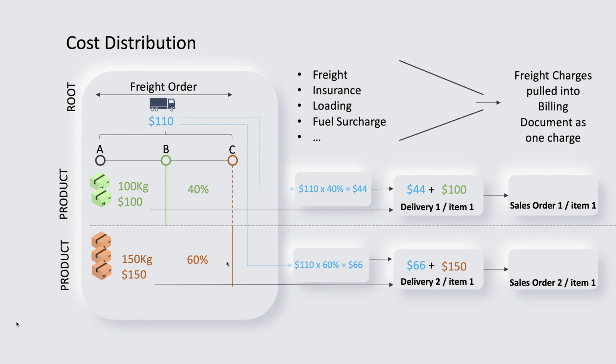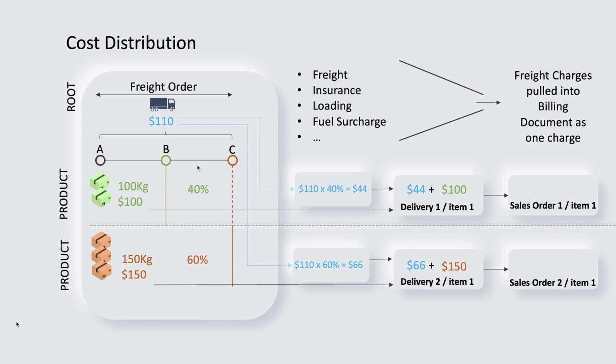So that is the same proportion with which we are going to apportion the $110 costs back to the sales orders. So we're taking the $110 cost on the freight order level, and then to assign it back to the sales order, we're saying, well, this particular sales order item accounted for 40% of the total weight that this freight order transported.